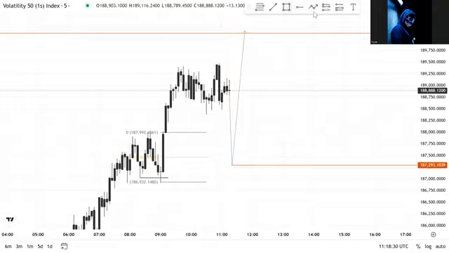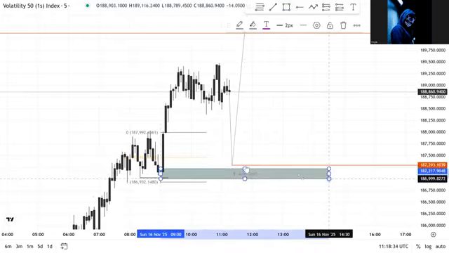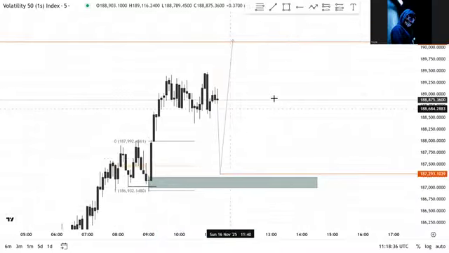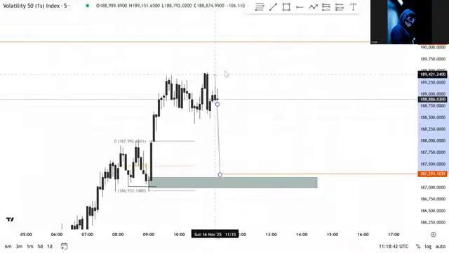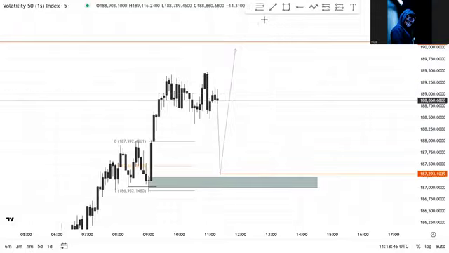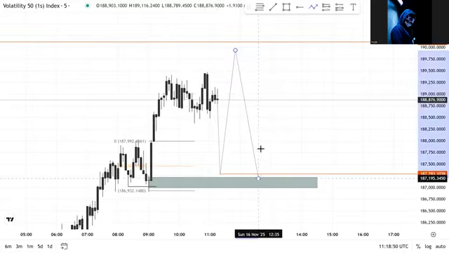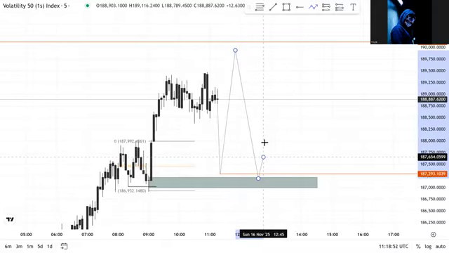Can be type 1, can be type 2, right? Something like this. Then once price comes here and gives me a confirmation, then boom, I can decide to even hold this buy until it takes out this high, or I can decide to hold it to the ERL of the 5 minutes, right? Meaning that if price gives us something like this, I'm expecting this to happen. It gives me my confirmation, then I get in the market, right?